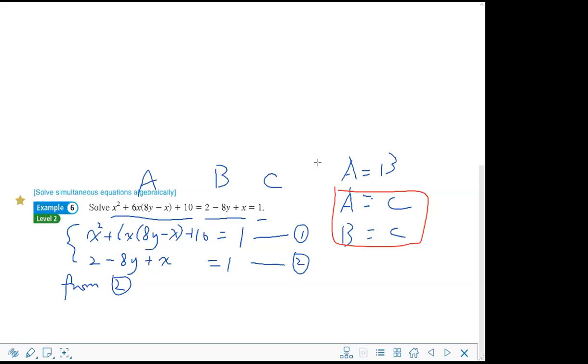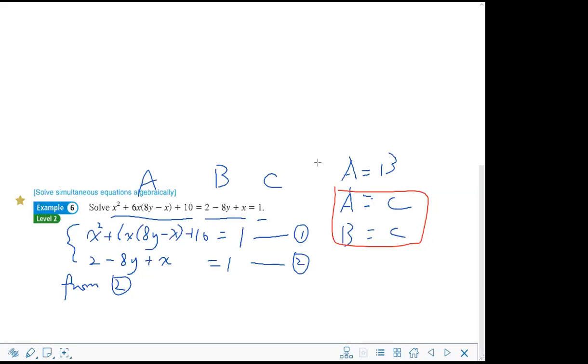And then we will change one of the x or y to be the subject of this equation, okay? Can you see that we have negative 8y? If we want to change y to be the subject, then we need to divide the 8 to the other side, and there will be fractions, okay? So that is not very good.